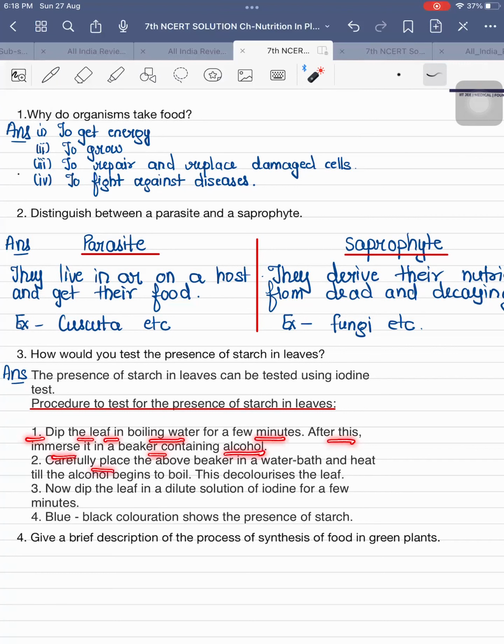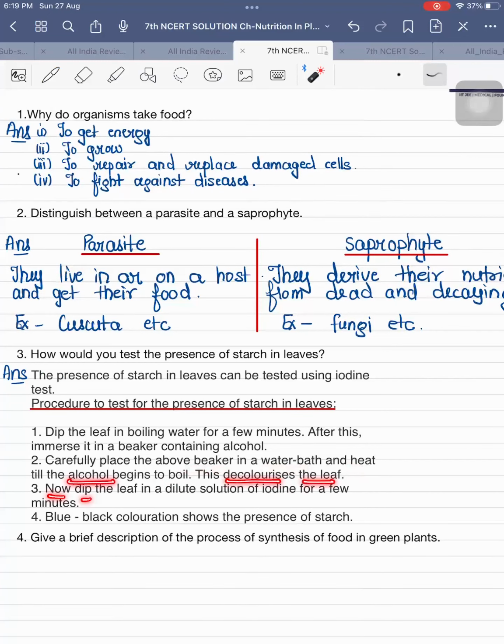Then carefully place the above beaker in a water bath and heat till the alcohol begins to boil. Why we are boiling it in alcohol? So that we decolorize the leaf and see the color change clearly.